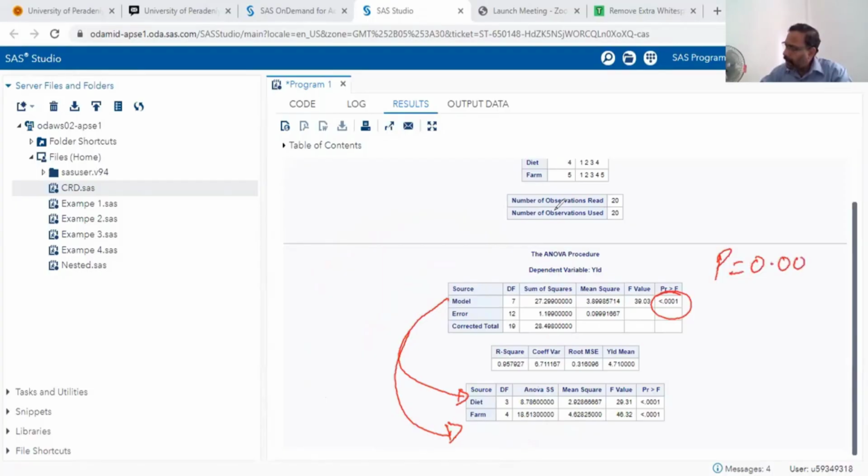This is our p-value. So definitely if the alpha is 0.05, this p-value is much less. So that model is significant.